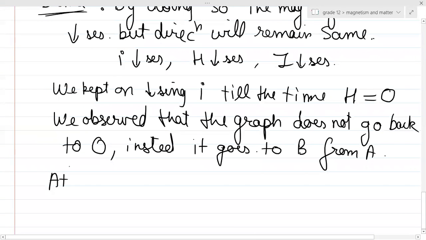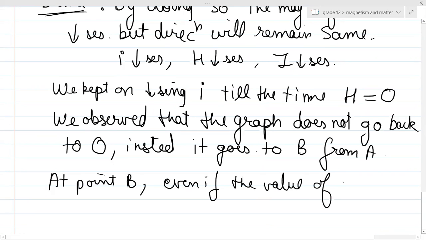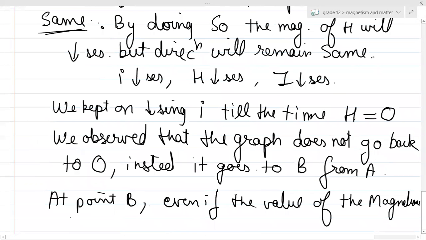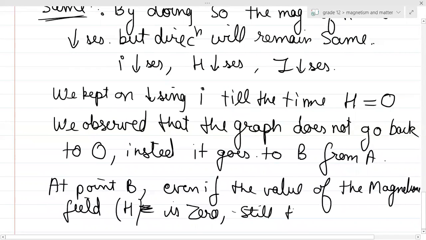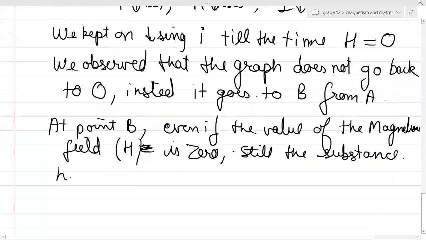So we kept on increasing, and that's done. So at point B, even if the value of the magnetizing field H is equal to 0, still the substance has retained certain magnetism.